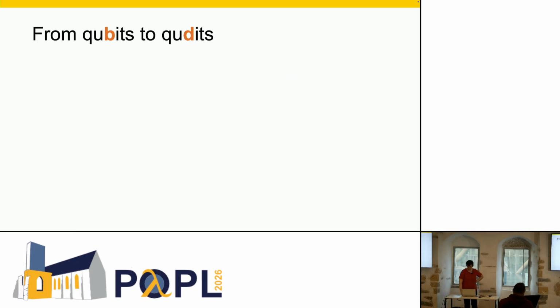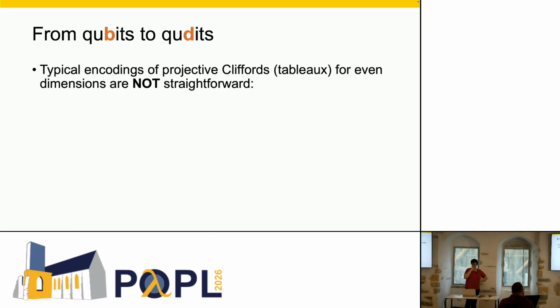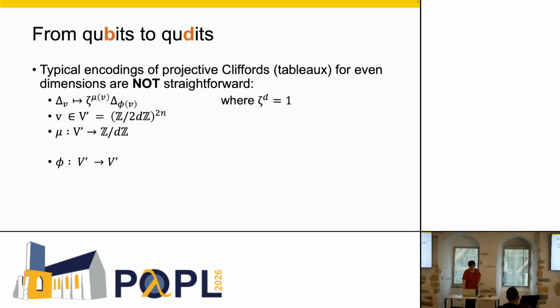So what happens when we look at these encodings for even dimensions? Unfortunately, it doesn't work out quite as well. You can still build something. You can build a variety of different encodings. But the one that you might come to fairly naturally looks something like this. It has the same structure as before, but now it's structured a little bit differently.